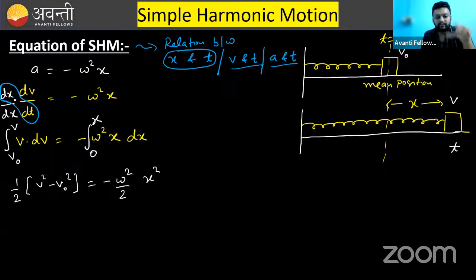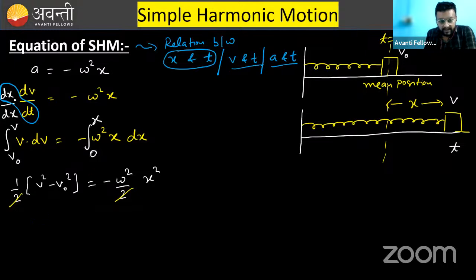I think I have missed one step here, the step in which we put the limits. So take a second or five seconds to realize what happened here. You can cancel out 2 from here. Is it clear?